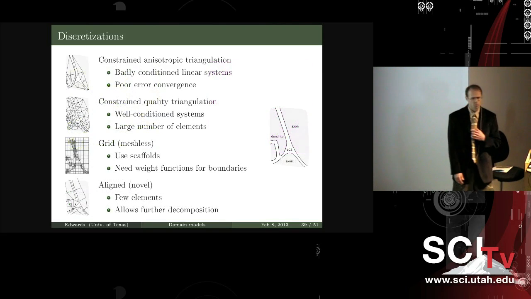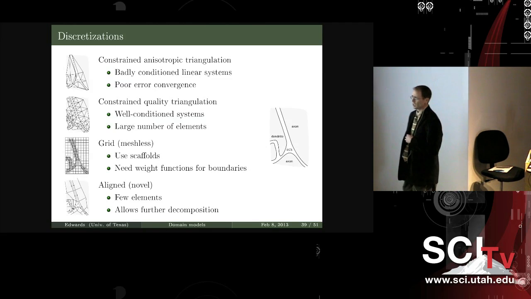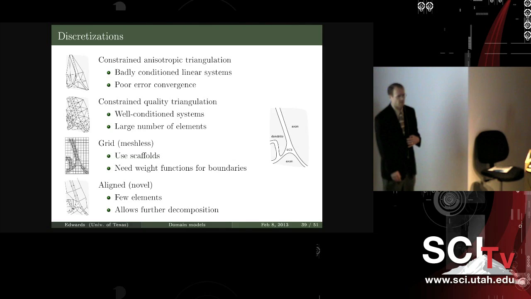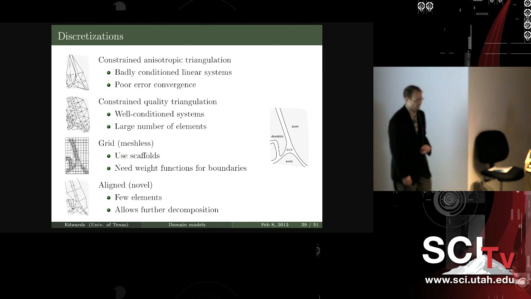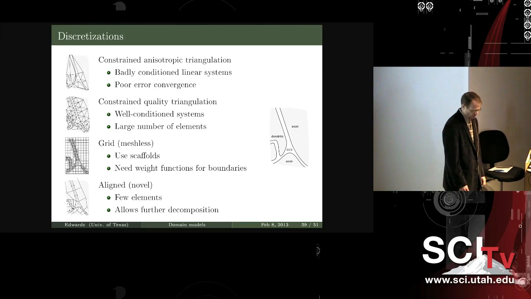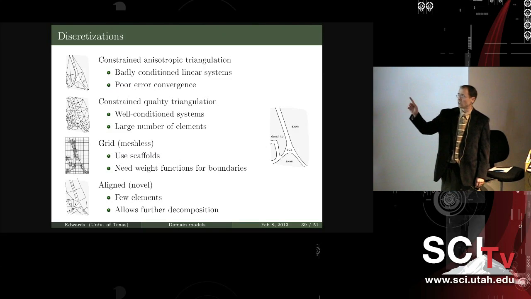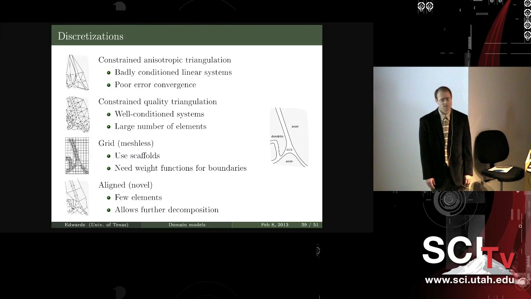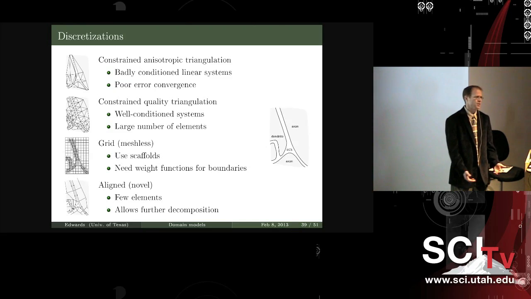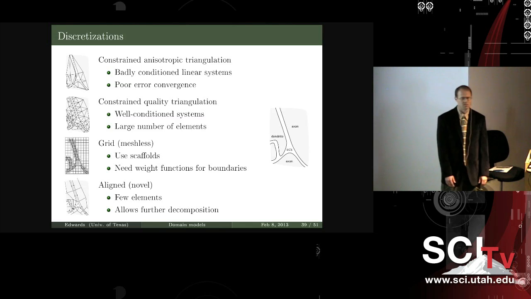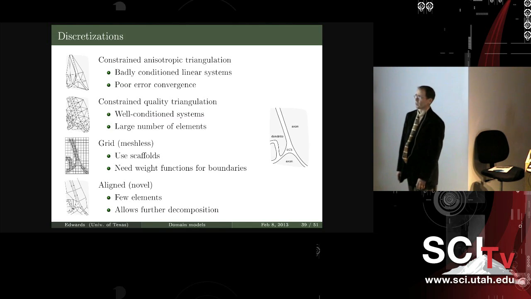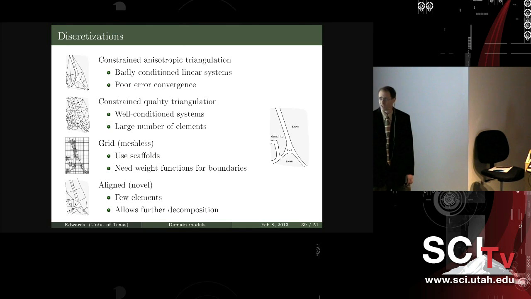There's been some recent work at UT in meshless methods and embedded surface mesh methods. The first two methods, the constrained anisotropic triangulation, still give us too many triangles, and also give ill-conditioned systems because of the quality of the triangles. The constrained quality triangulation gives too many triangles.